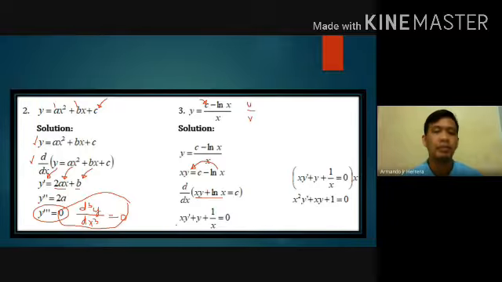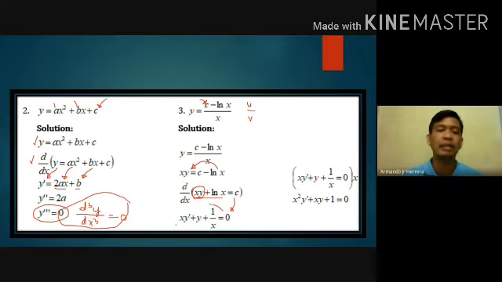Dahil ito ay xy, derivative of a product ulit ang gagamitin natin. So this is xy prime plus y multiplied by the derivative of x, which is 1, plus ln of x na ang derivative ay 1 over x is equal to, of course, 0 because the derivative of c is 0.